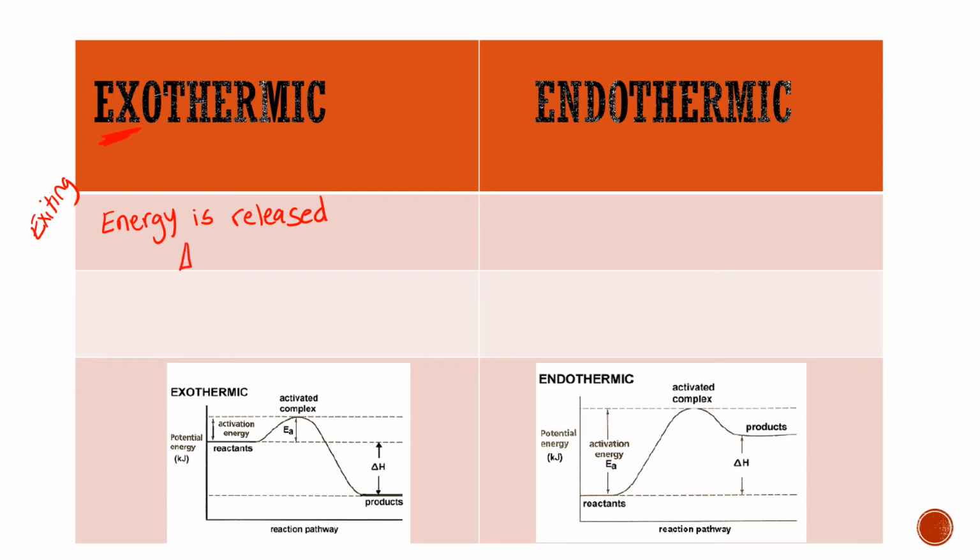That means that our delta H will be negative. In an endothermic reaction, our energy absorbed is greater than the energy released. So energy overall is absorbed, or enters, EN, endo, enters.